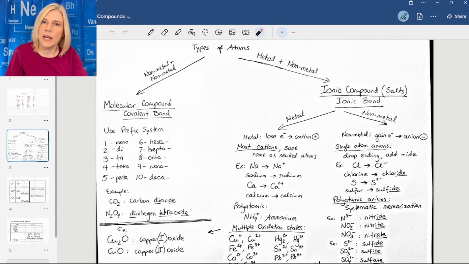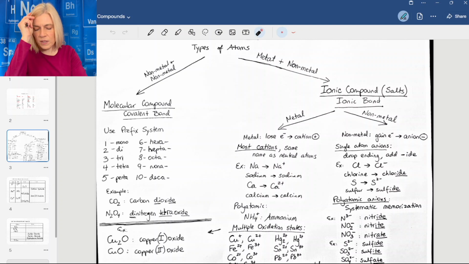Let's learn how to name metals. Metals like to lose electrons to form cations. Now, how do you name cations? Well, for most cations, the name is the same as the neutral metal. For example, when sodium loses one electron and becomes a sodium cation, the name stays the same.